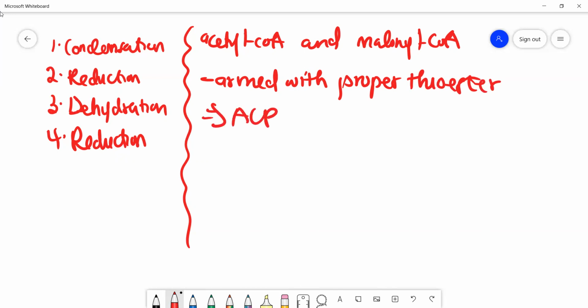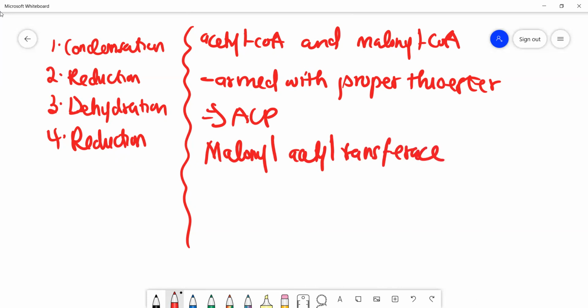You have acetyl-CoA and malonyl-CoA, but with them being bound to coenzyme A, they cannot enter the pathway. So now our enzyme malonyl acetyl transferase, what does it do? It is going to exchange ACP for CoA. So instead of acetyl-CoA, you now have acetyl ACP, and then instead of malonyl-CoA, you have what? Malonyl ACP.